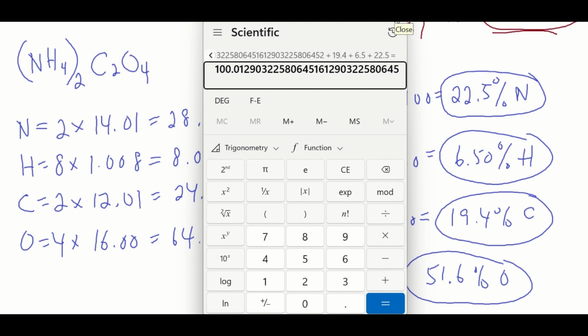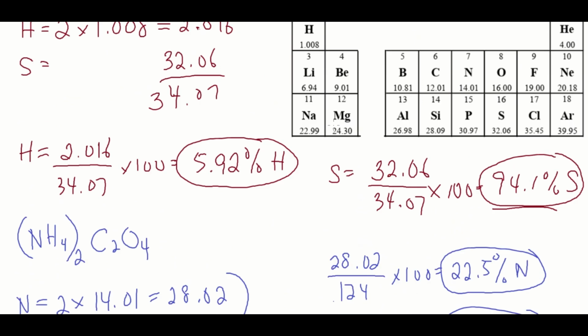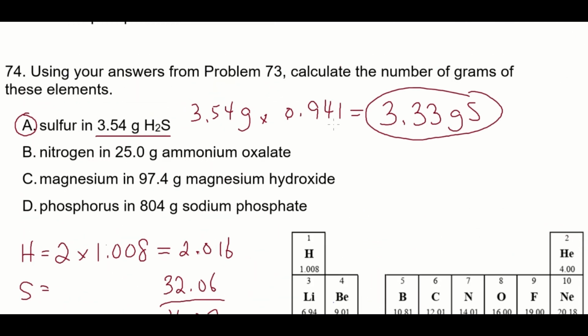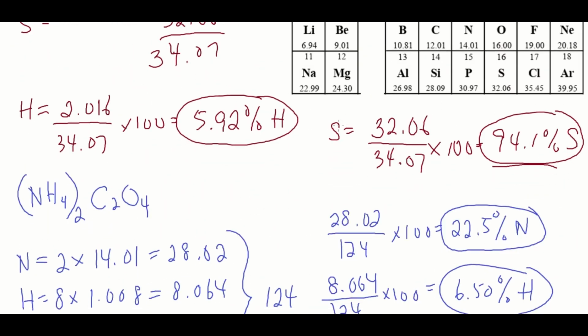There it is. So now let's use this to answer 74, which is asking about the nitrogen component in 25 grams. So in 25.0 grams, we're just going to multiply that by the nitrogen's mass percent, which is 22.5.